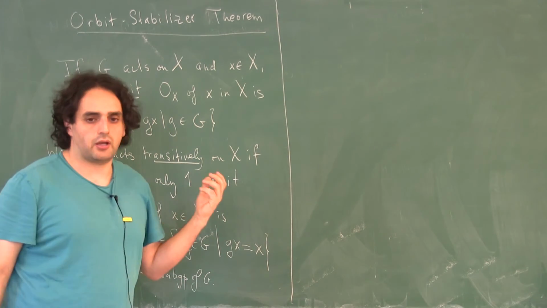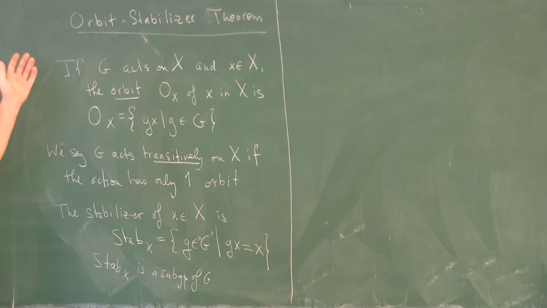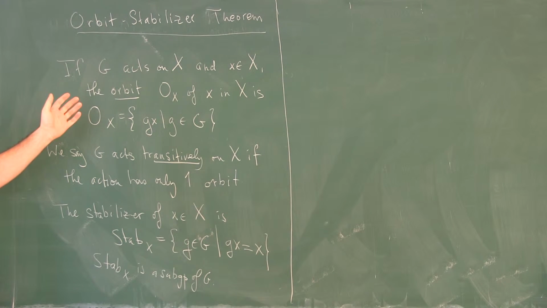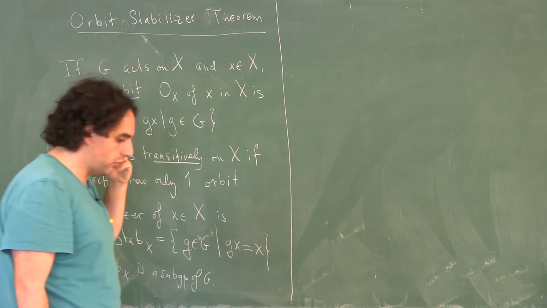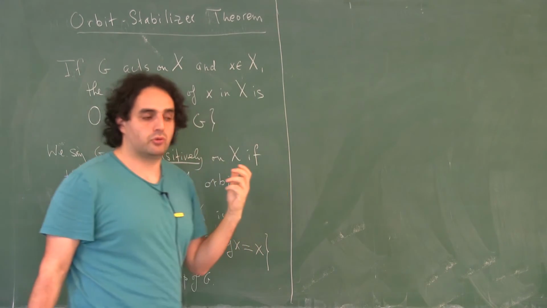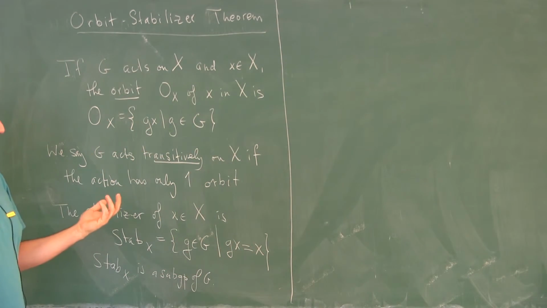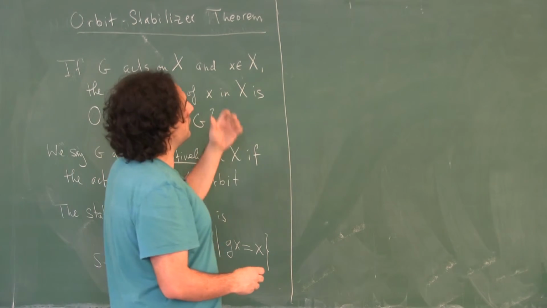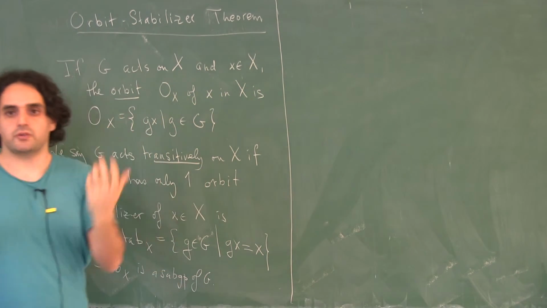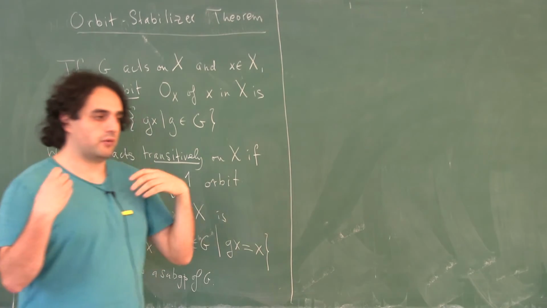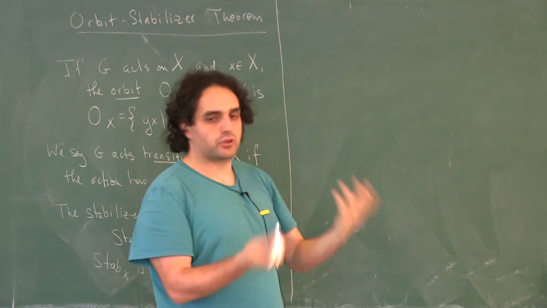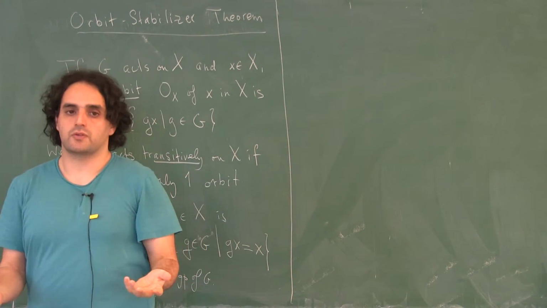One last thing that I have to tell you before I can state the orbit stabilizer theorem is what a map between two group actions is. This is similar to first defining what a group is, and then we have to say what is a function between groups that preserves the group structure.